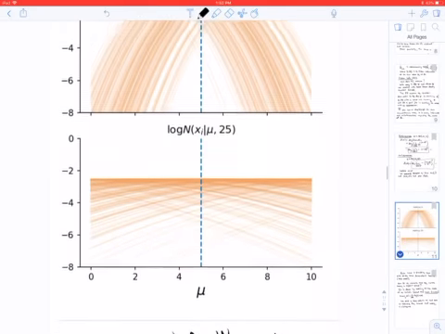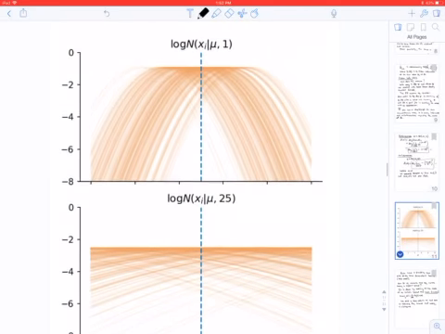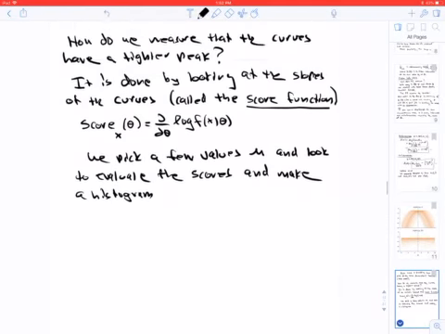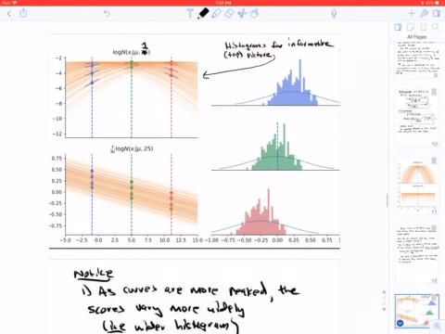We can answer this question by looking at the slope of these trajectories. The top picture on the left is for the informative case, and for different values of mu, you can see the variety of slopes that we have for these trajectories.